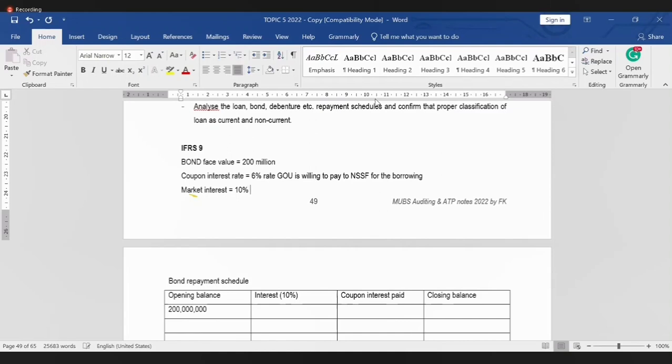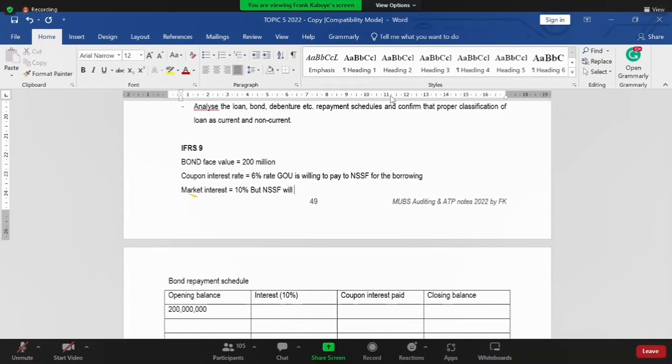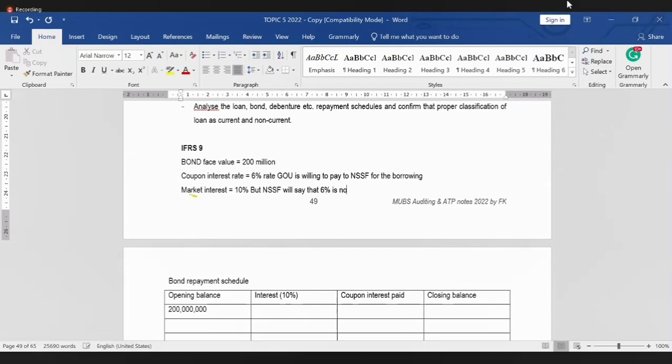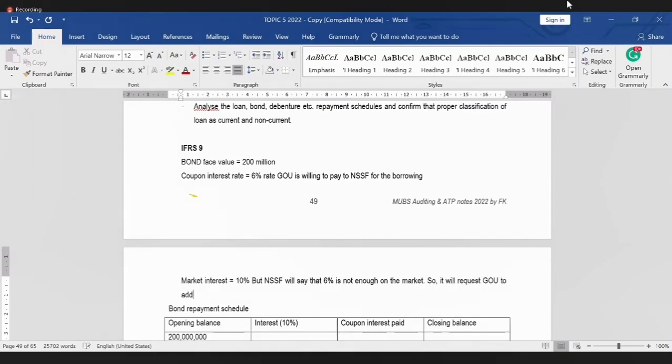But NSSF will argue that 6% is not enough on the market. So 10% if it accepts.